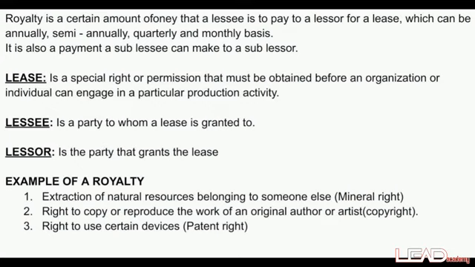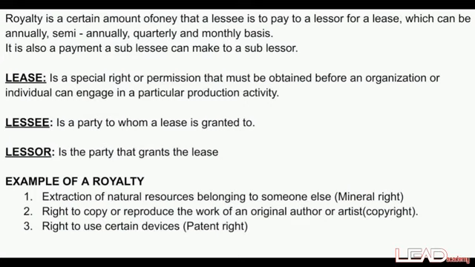You also have who is a lessee. A lessee is a party to whom a lease is granted. That is a person that seeks permission before he goes into a particular production activity. And this production activity is something that somebody has already been doing. So he needs a right from that person so that he can be doing the same thing or be using the same property of the lessor.